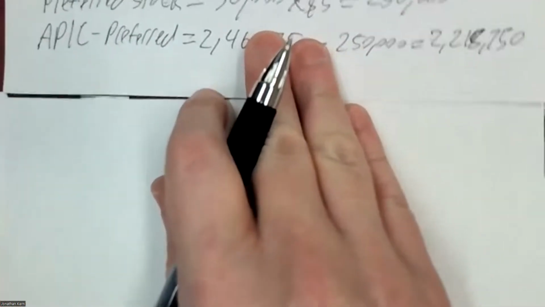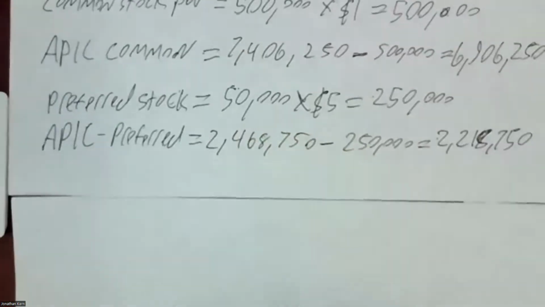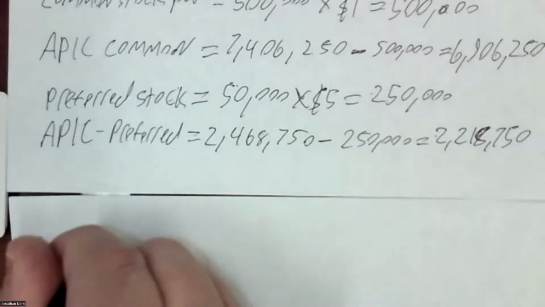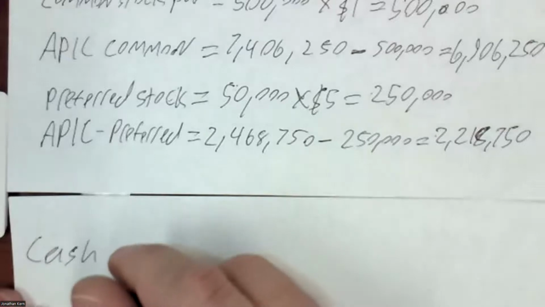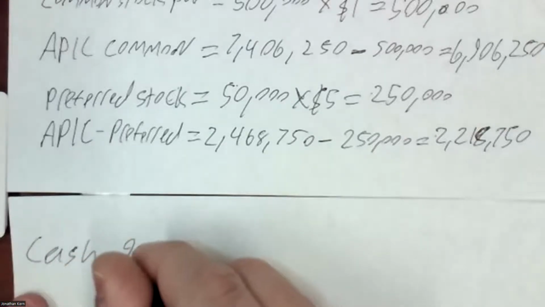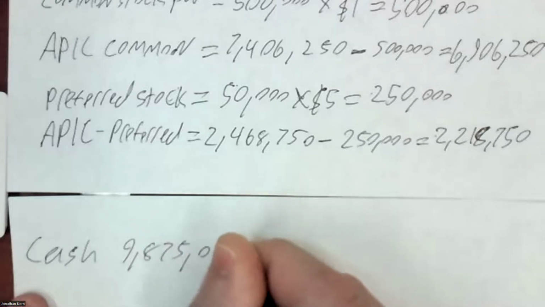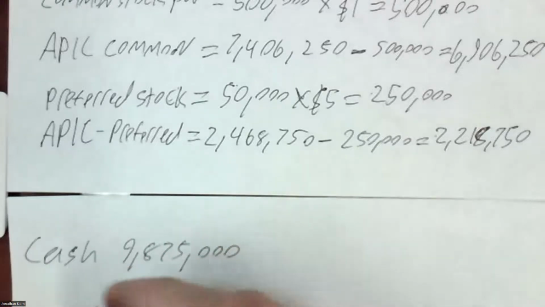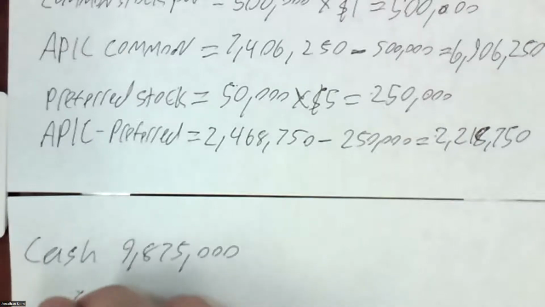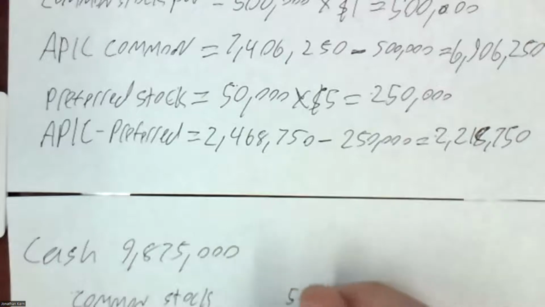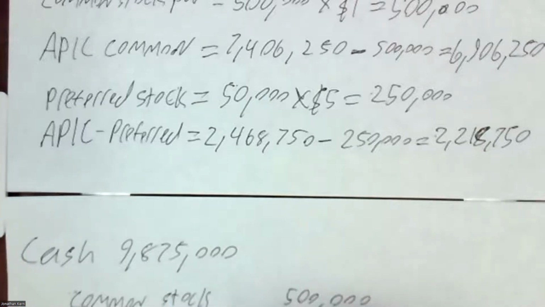Therefore, we'll use this to make the journal entry. We'll debit cash for $9,875,000 that we received. We'll credit common stock $500,000. We'll credit APIC common for $6,906,250.